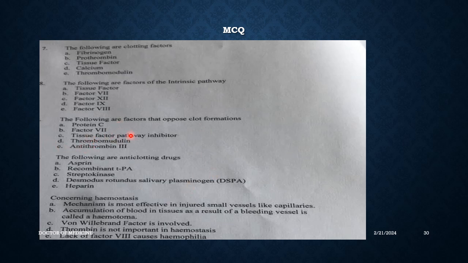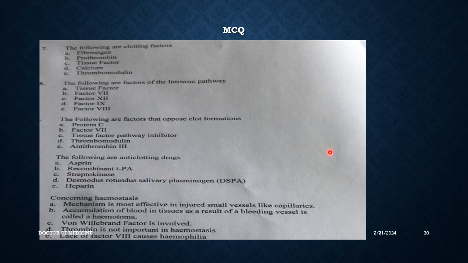Factor 7, no, factor 7 doesn't oppose clotting, so that's false. Tissue factor pathway inhibitor, true. The endothelial cells release the tissue factor pathway inhibitor, which is going to inhibit the extrinsic pathway. Thrombomodulin, true. Antithrombin 3, true as well. Antithrombin 3 works together with heparin to inhibit some of the clotting factors.